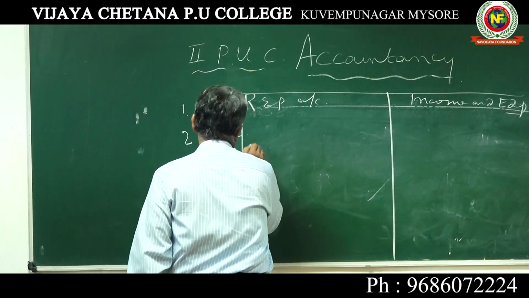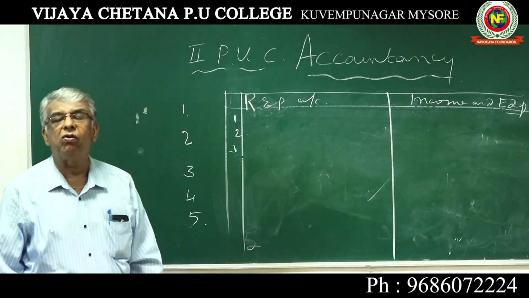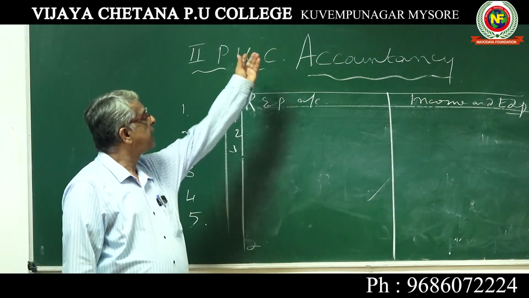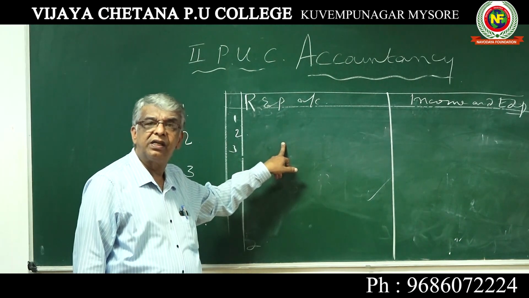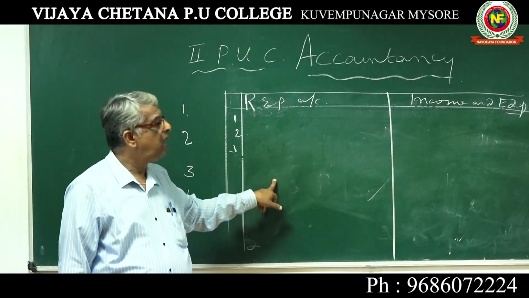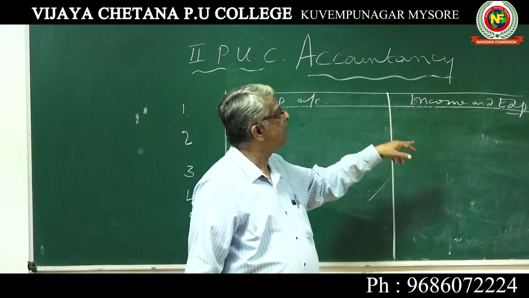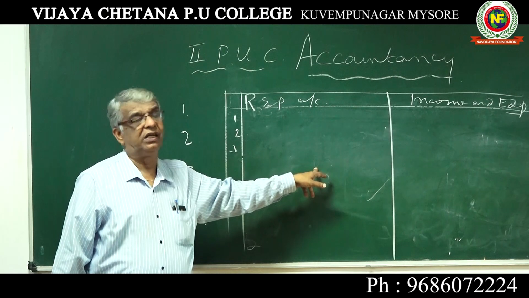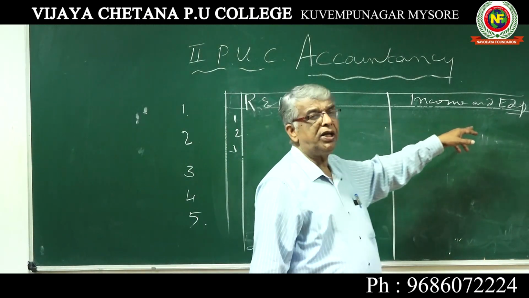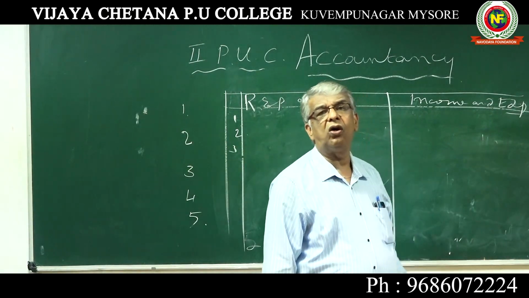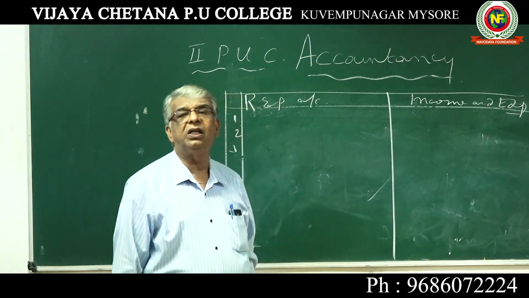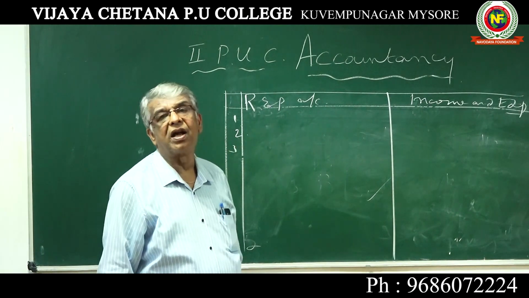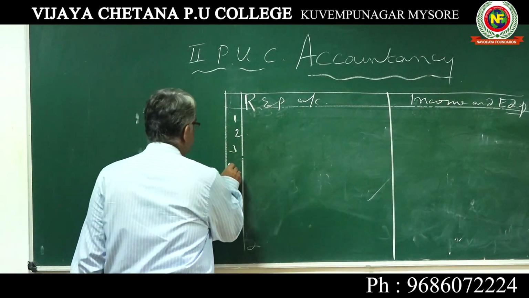The third is that in the receipts and payments account, we record all receipts on the debit side and all payments on the credit side, whereas in the income and expenditure account, we record all expenditure on the debit side and all incomes on the credit side.